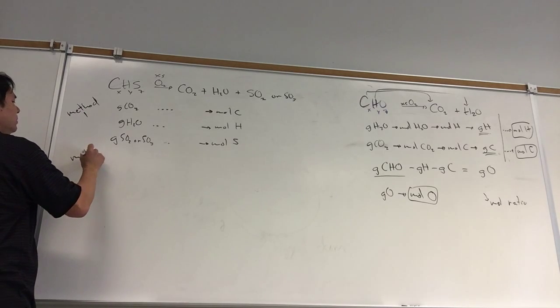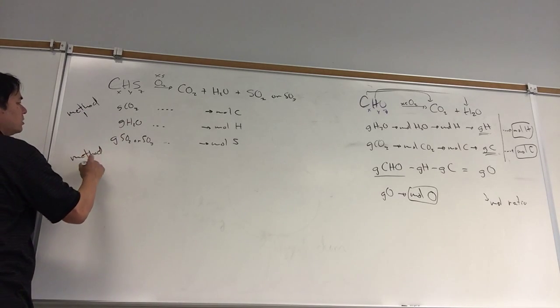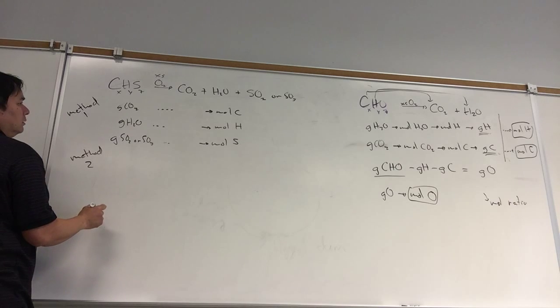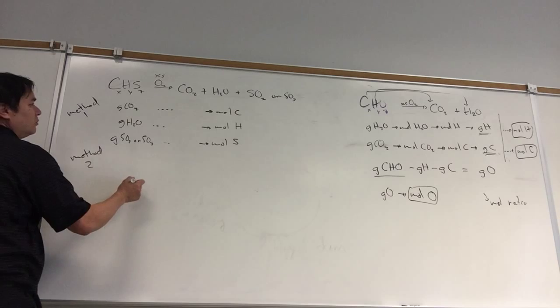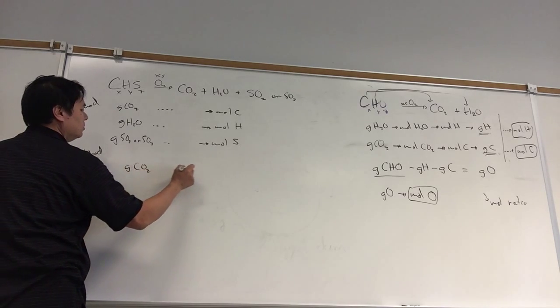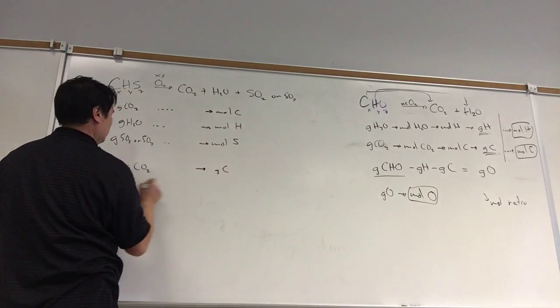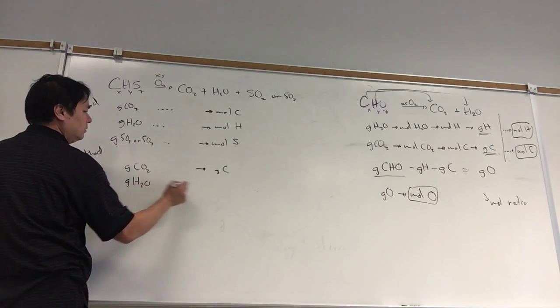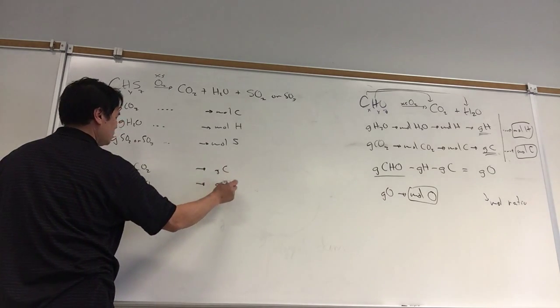Method two would be just like we did for oxygen over there. In other words, what we're going to get is grams of CO2 to grams of carbon, grams of H2O eventually leads us to grams of hydrogen.